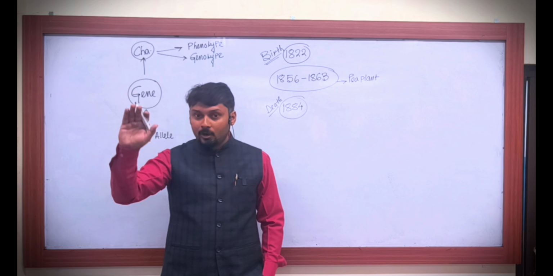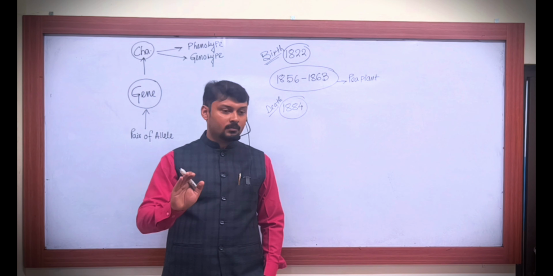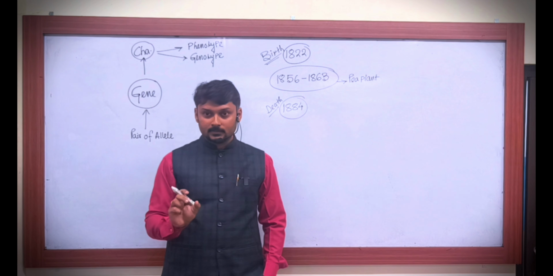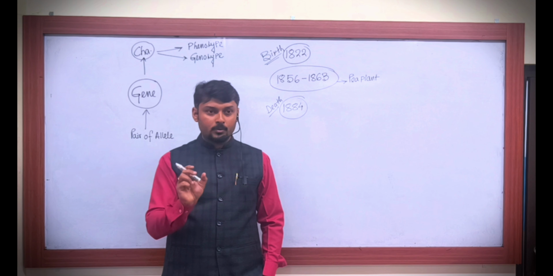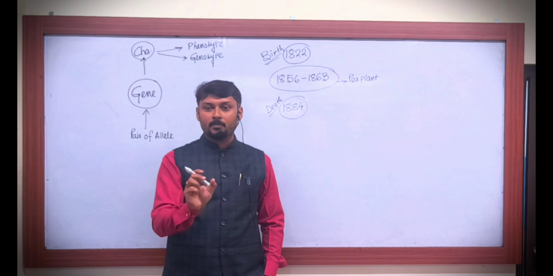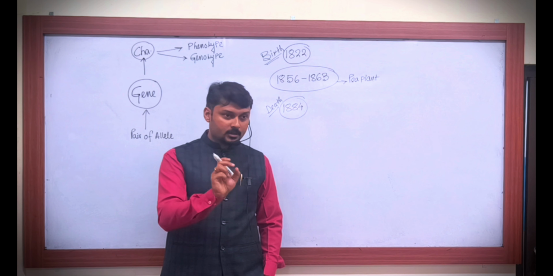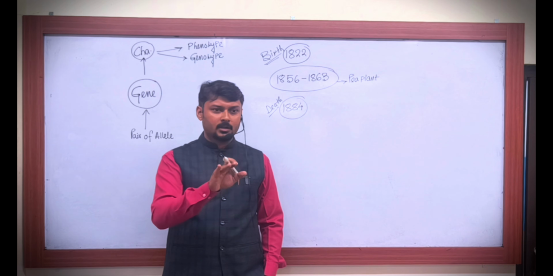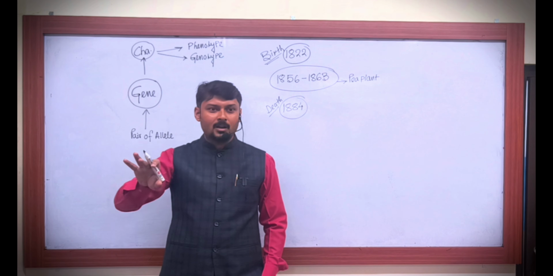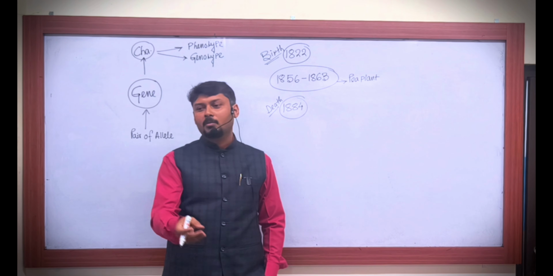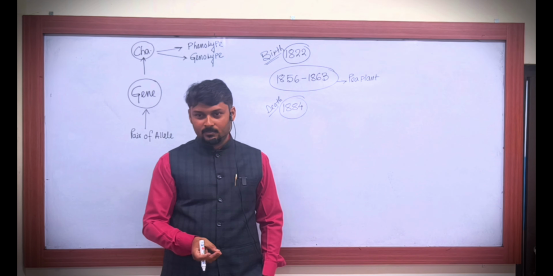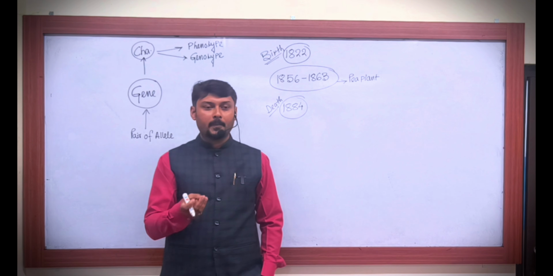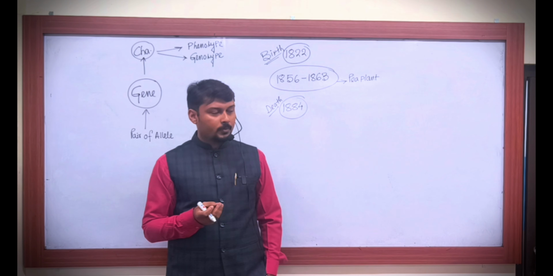So this major character, whatever he observed, he discussed as the dominant character. In a population, that character is maximum, that character is dominant. What is recessive? A smaller number of characters present in a population.